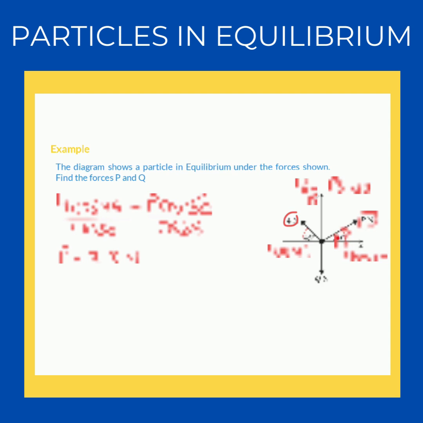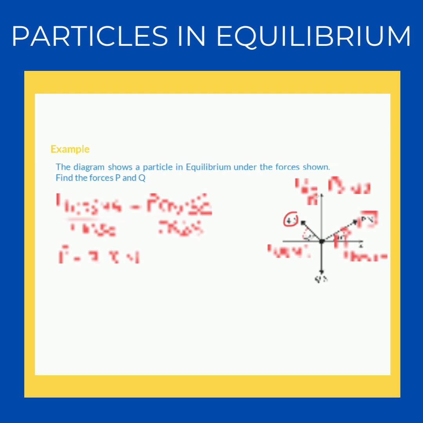So it's sine 30, and for the 4 newtons force, again, it's 4 sine 45, because 45 is the angle that the force 4 newtons makes with the x-axis. What we're doing now is finding the vertical component of the 4 newtons force, so it's sine 45.